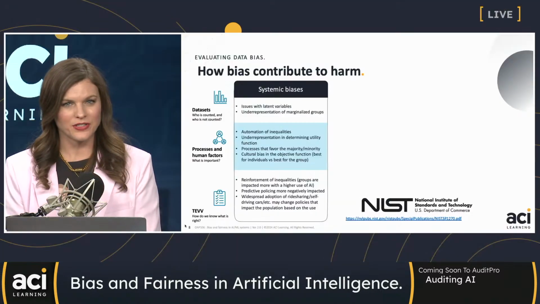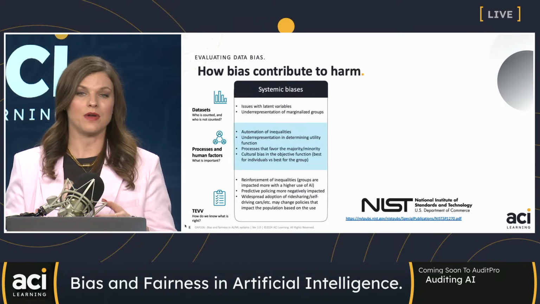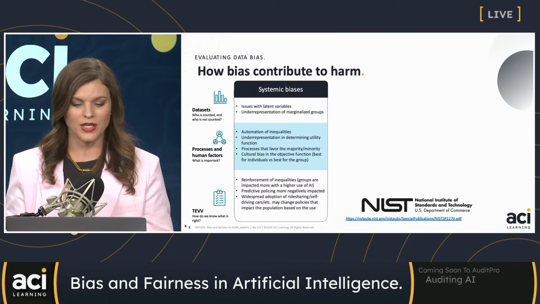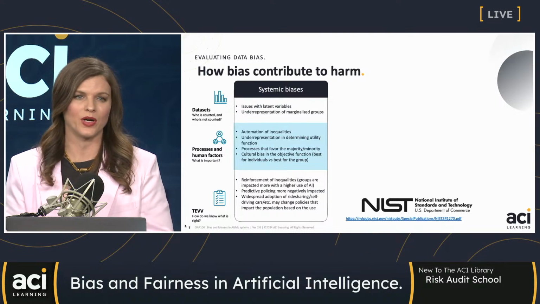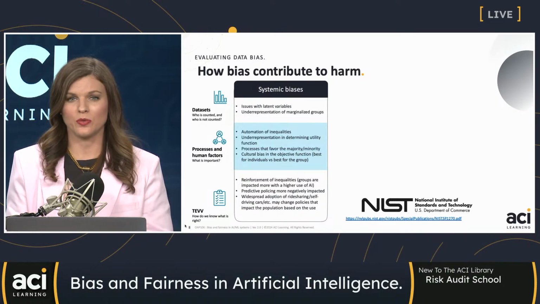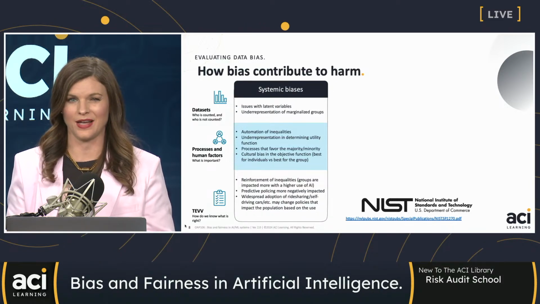It's NIST, the National Institute of Standards and Technology. They have helped create a framework to help you understand not only bias, but how it contributes to harm. Here you have this NIST framework that AI auditors or anybody can utilize to systematically evaluate where biases may occur within an AI life cycle.